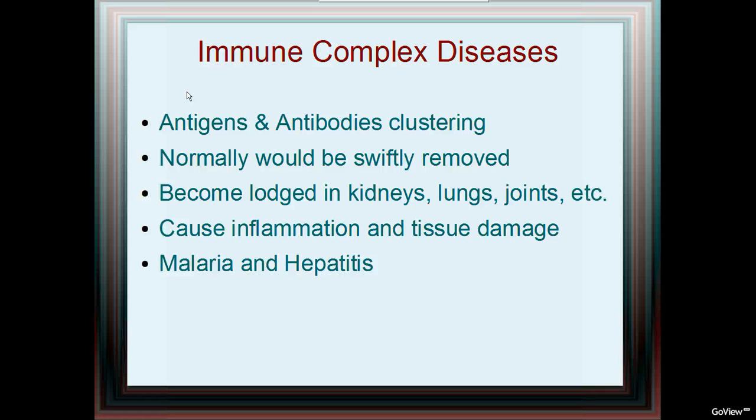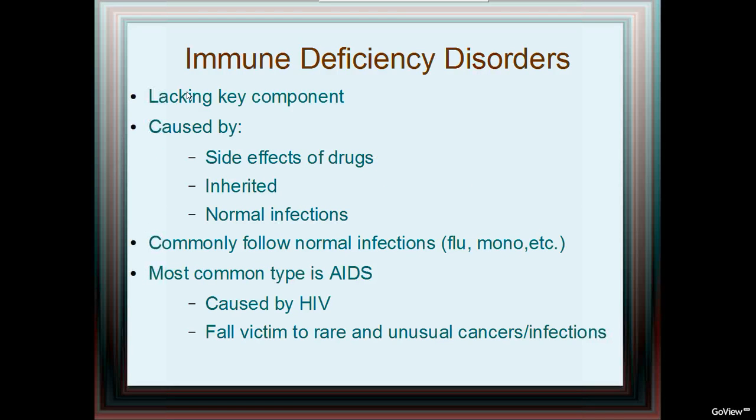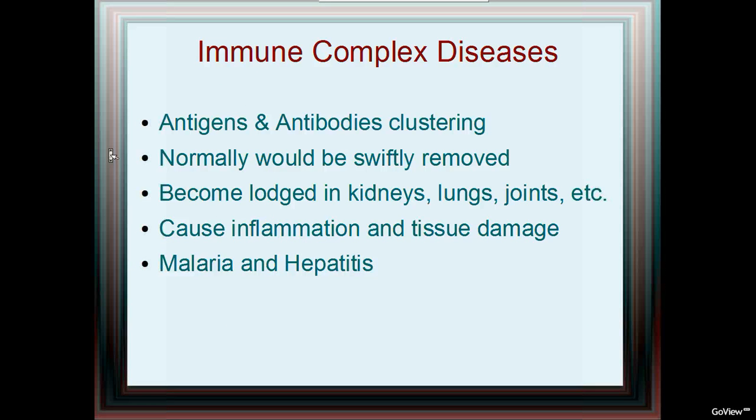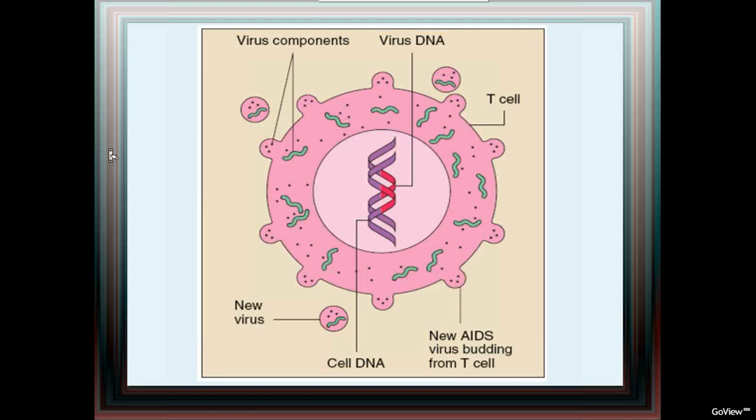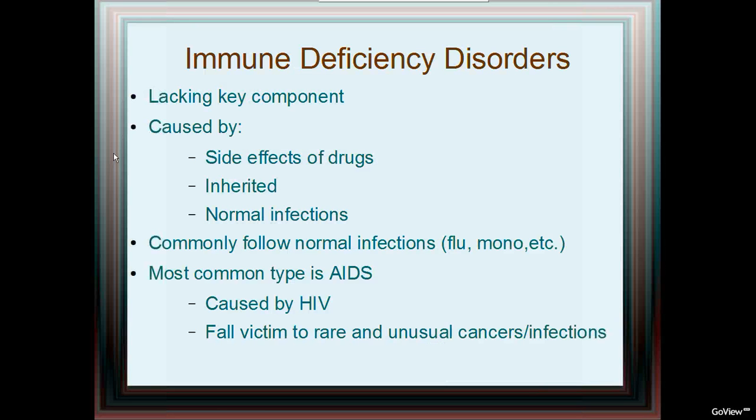And the final type of immune disorder is by far one of the worst. It is immune deficiency disorders, and basically your body is just lacking a key component in fighting off diseases and infections. These are caused by side effects of drugs.